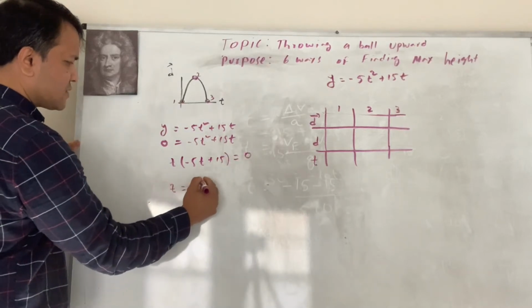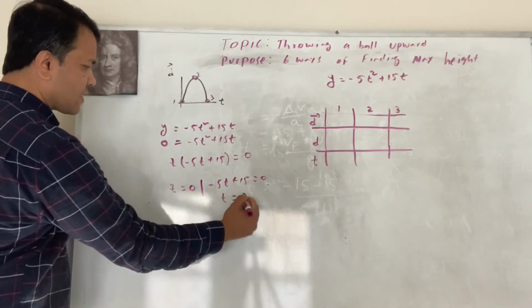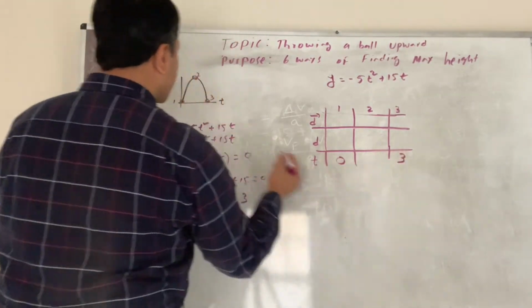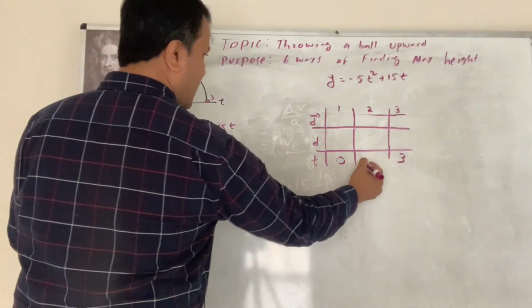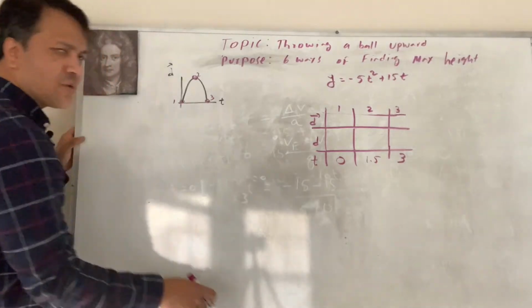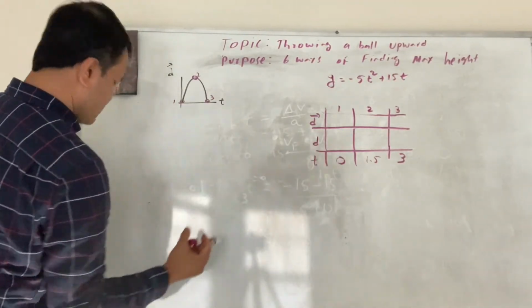So t is equal to 0, or -5t plus 15 is equal to 0, so t is equal to 3. So t at the maximum height has to be 1.5. This is how you find the time, which I showed you yesterday, 6 different ways. Now today I'm going to show you 6 different ways of finding displacement.